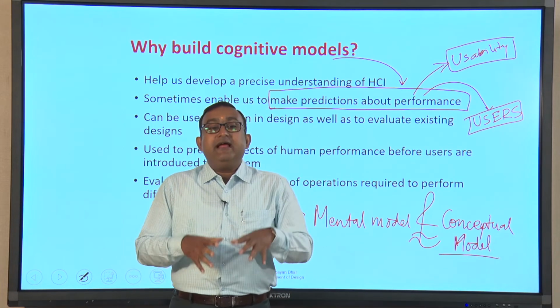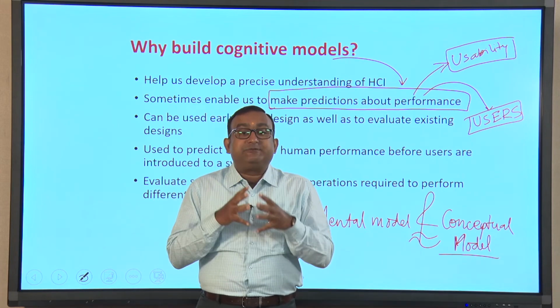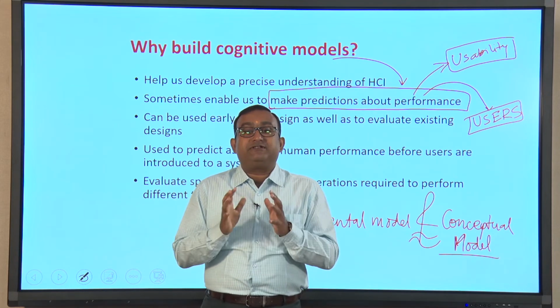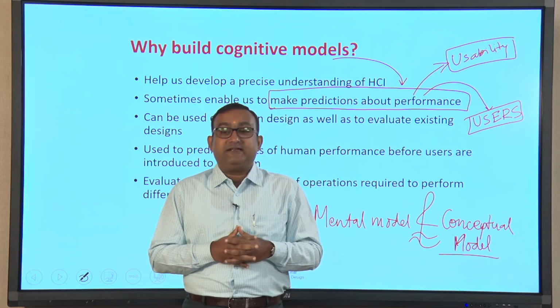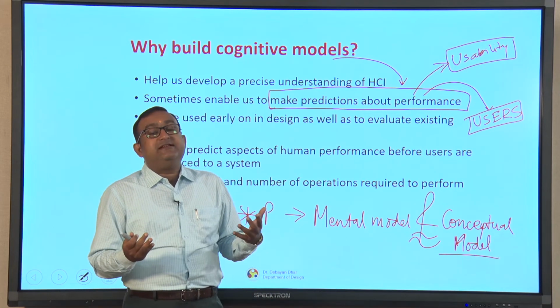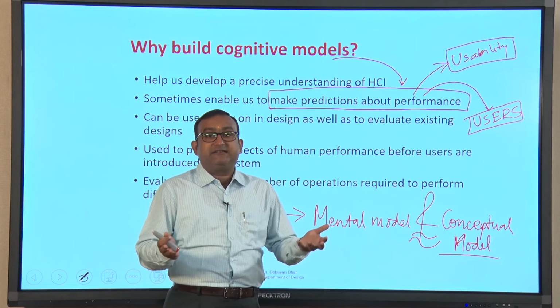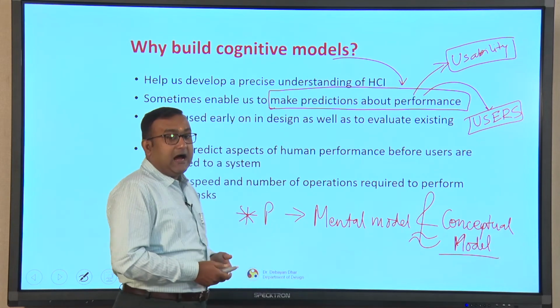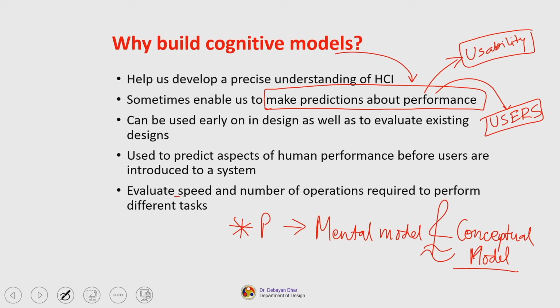And finally, it evaluates speed and number of operations required to perform different tasks. So, one of the major factors that you will see as we start discussing these models are speed and number of operations required to perform different tasks.